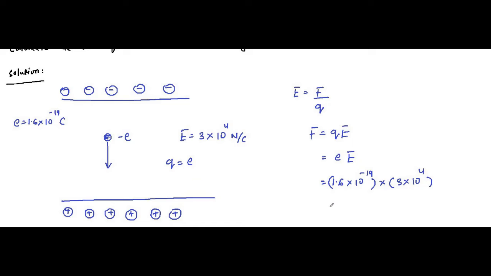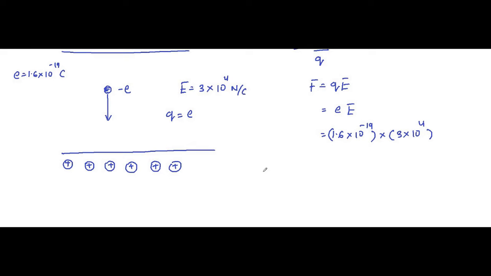Then acceleration. We know force equals mass into acceleration, Newton's second law. Here force is QE. So if we want to calculate the acceleration of this electron, it will be the force acting on the electron, let's write it F subscript E, divided by the mass of the electron.